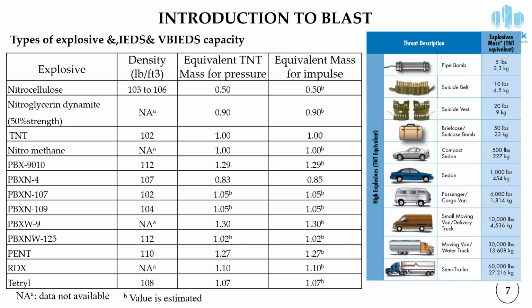And this is the capacity of these vehicles. For example, a semi-trailer can carry 27,216 kg of explosive material. So you have to consider this type of explosive material while designing or planning against blast loading.